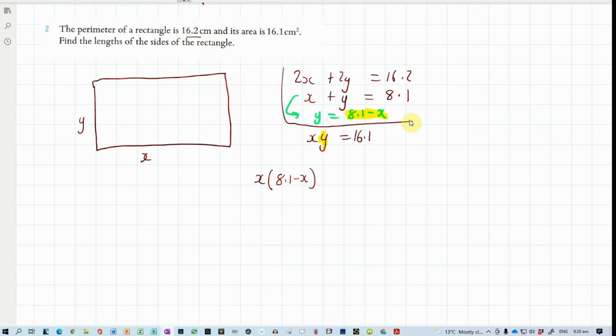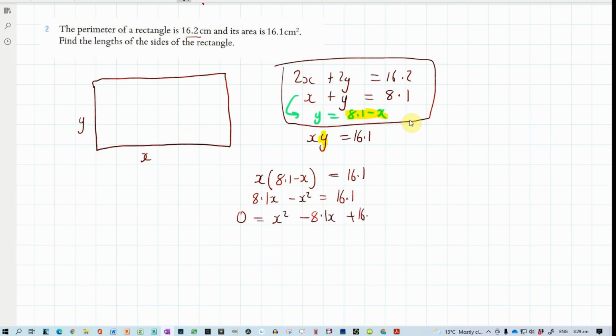That's the first equation here. It should be equal to 16.1. Let's expand that out. So we get 8.1x minus x squared is equal to 16.1. I'd like to bring everything across to the right-hand side, so I've got a nice positive x squared. And I'll have minus 8.1x.